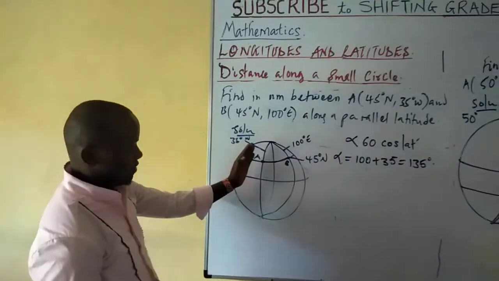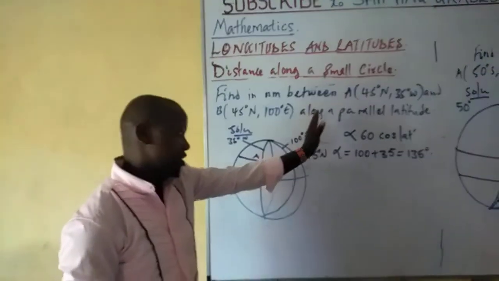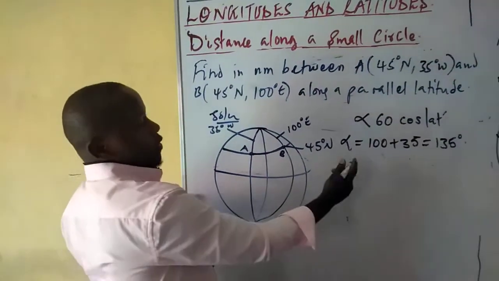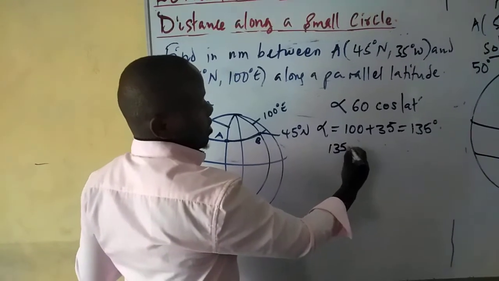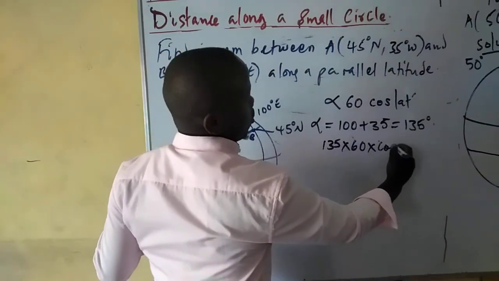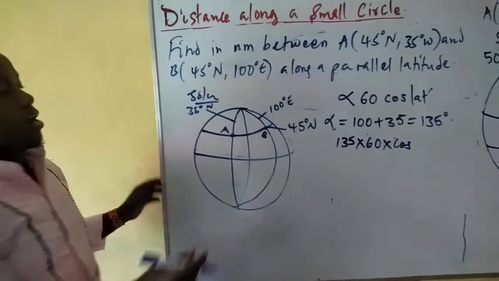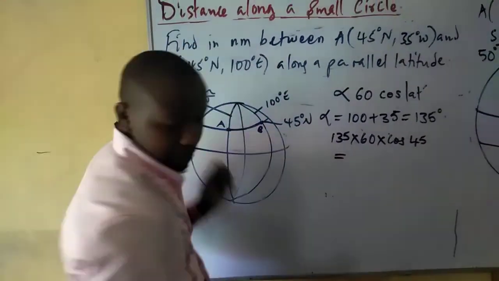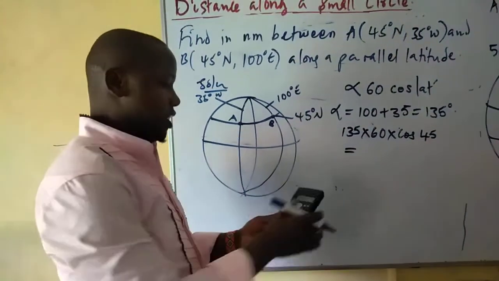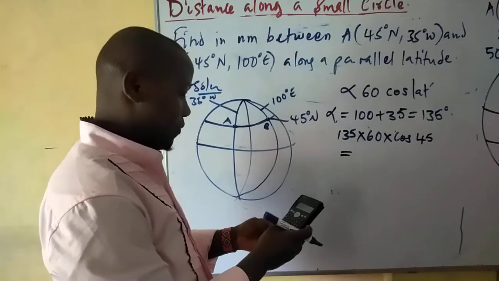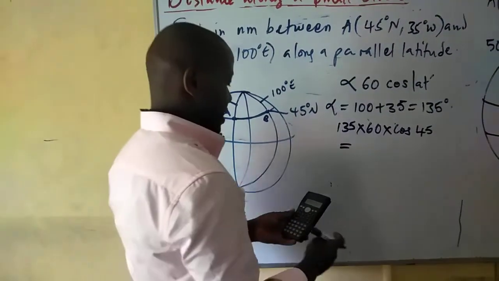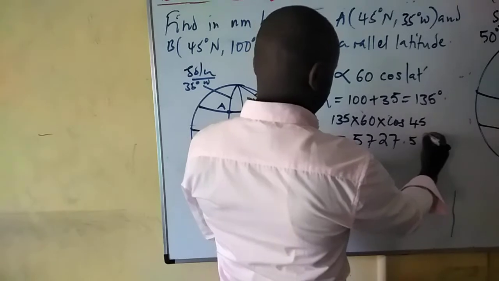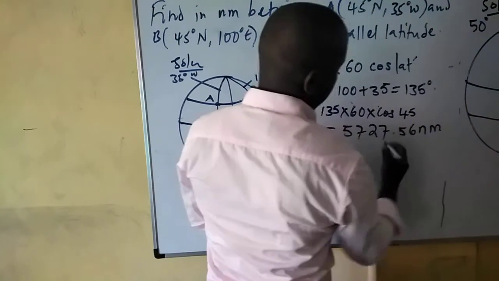From 35 to the prime meridian, then 100, the difference between the two places is the sum, therefore 135. Now the formula: 135 times 60 times the cosine of 45, since they are on latitude 45. When you compute this, it gives us 57.56 nautical miles.